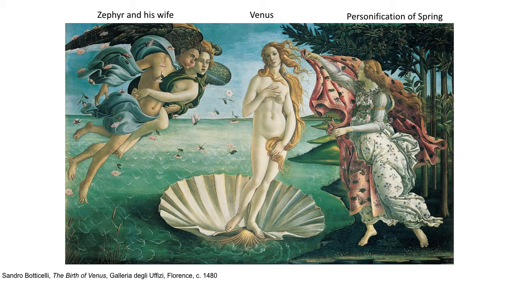On the left, we have the god of wind, Zephyr and his wife, blowing Venus gently to shore. The personification of spring waits ready to clothe the Venus with a beautiful garment. And we see that in the Renaissance, you have this concern, like with people like Leonardo da Vinci or Raphael, who are concerned with this very linear space.